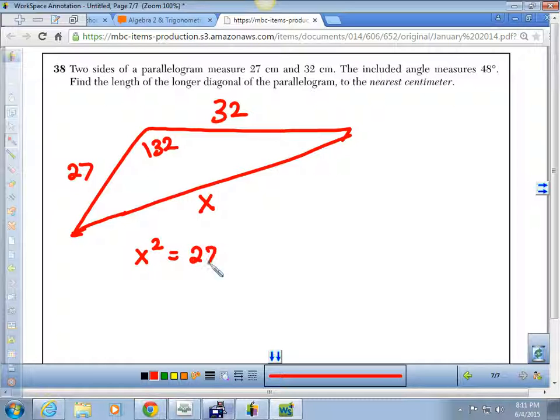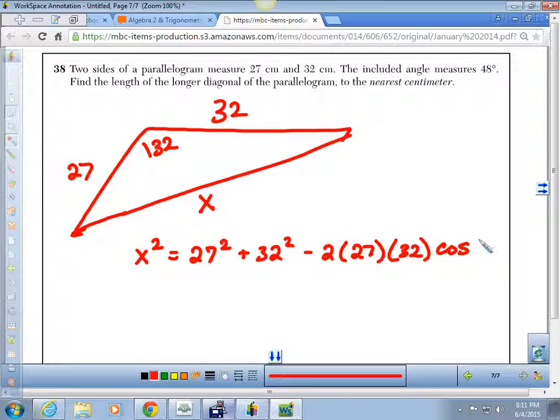The 27 squared plus 32 squared, minus 2 times 27 times 32, times the cosine of 132 degrees. Do we have to finish it out, guys? Can we just keep moving on? Okay, so we plug it in, we find our answer, we round it to the nearest centimeter. Okay? Good 4-pointer.